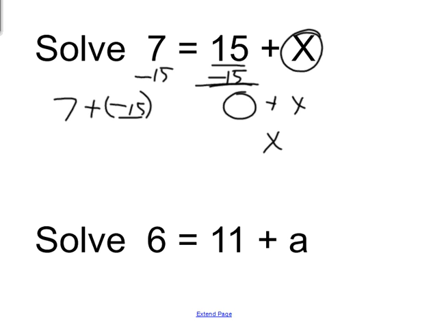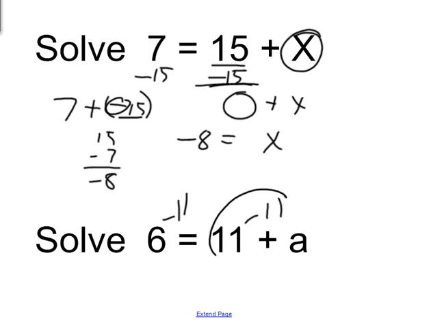I take the larger one, subtract the smaller one, which would give me 8, and I take the sign of the larger one, so it's negative 8. So negative 8 is equal to x. If we move on down and do the same kind of thing here at the bottom, I'm going to subtract 11 from both sides.